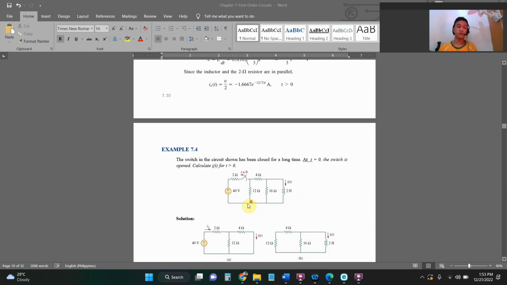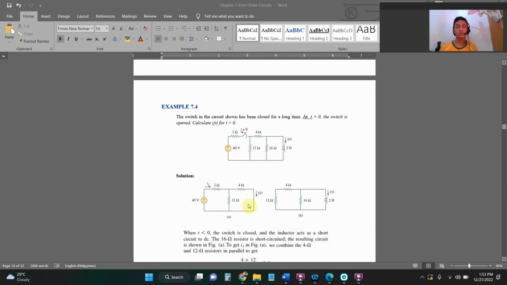Example 7.4. The switch in the circuit shown has been closed for a long time, at t equals 0 the switch is opened. Calculate i sub L(t) for t greater than 0.